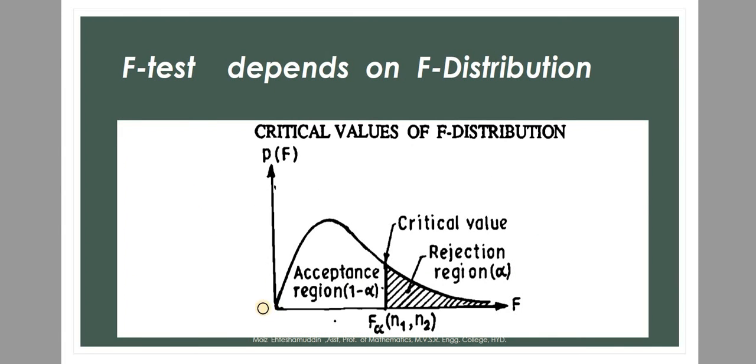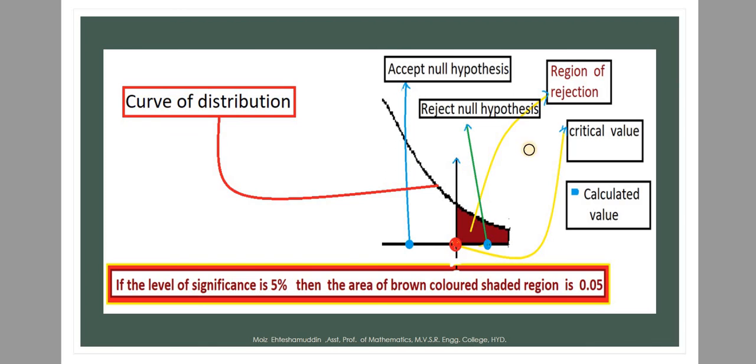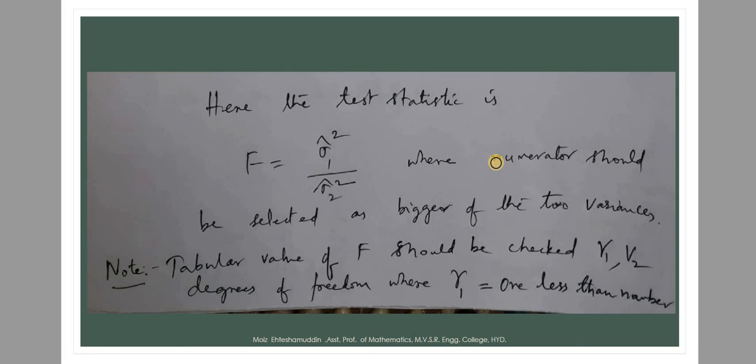You might have seen here we are not having anything on the left, we are talking only about the right, and this is like the critical value again, rejection region, acceptance region. Because the calculated value has come less than the critical value, we have accepted the null hypothesis. This is the main idea used in every test of significance.